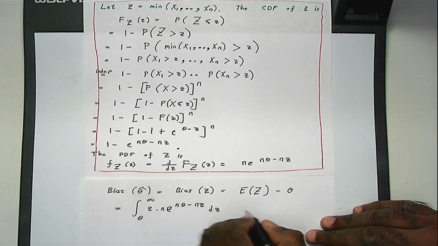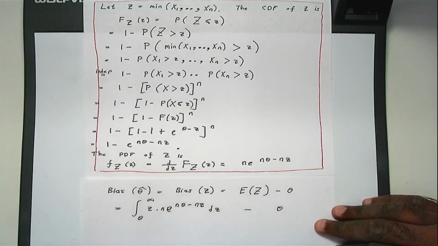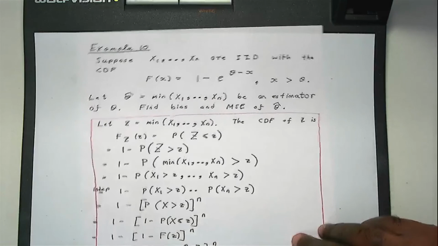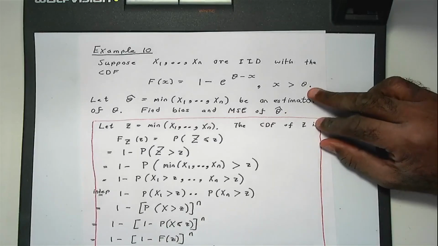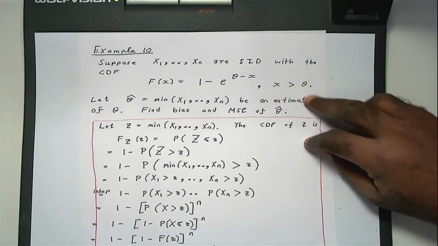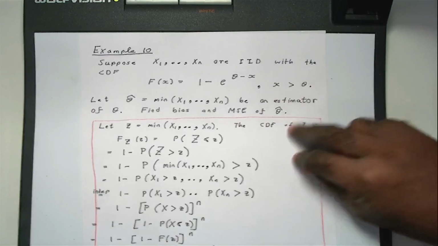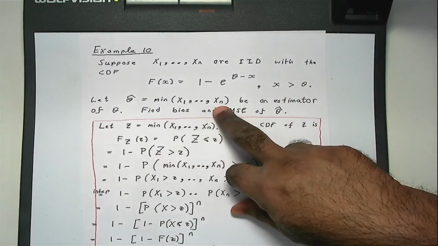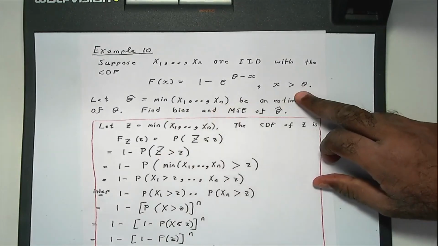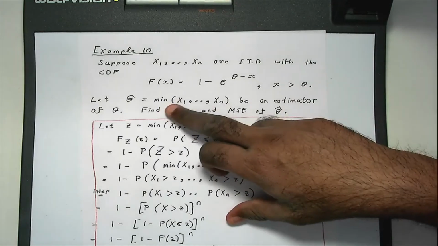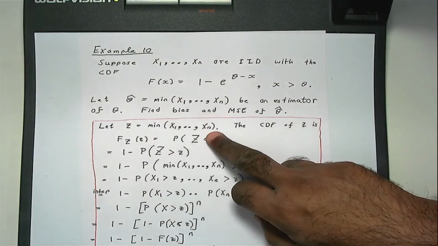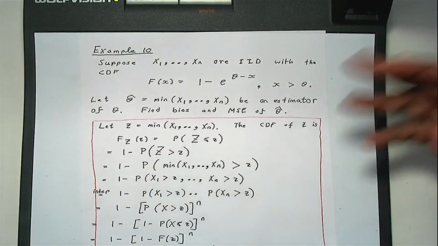That's because of this condition here. It says x is strictly greater than theta, which also means that the minimum has to be strictly greater than theta. So the smallest possible value for z must be theta, and the largest possible value is infinity.